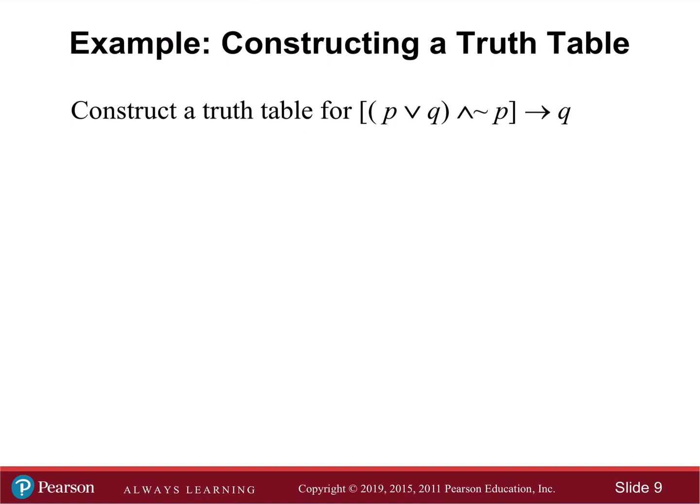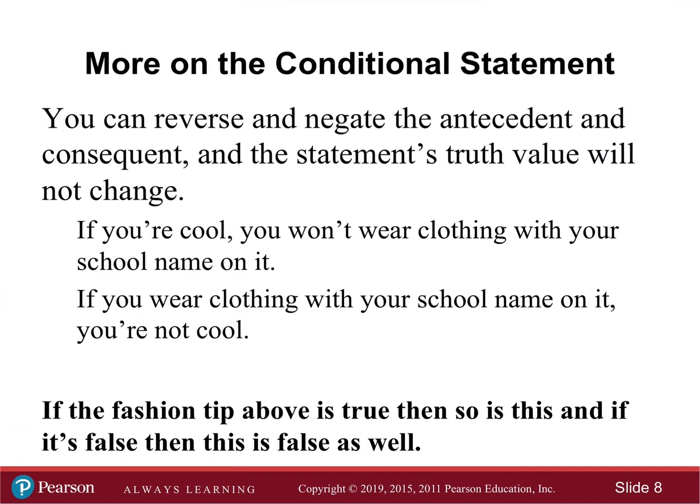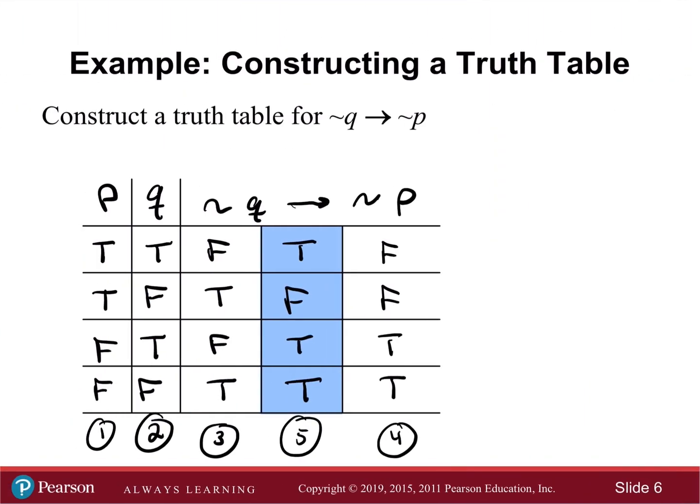So here we're asked to construct a truth table for this compound statement. It looks like we have two simple statements. So I'm going to get a copy of this table that I created just a moment ago.